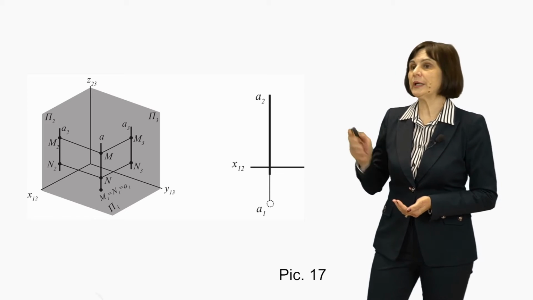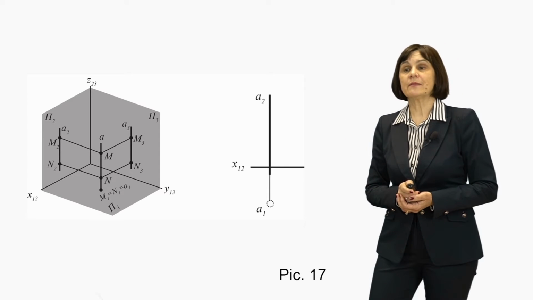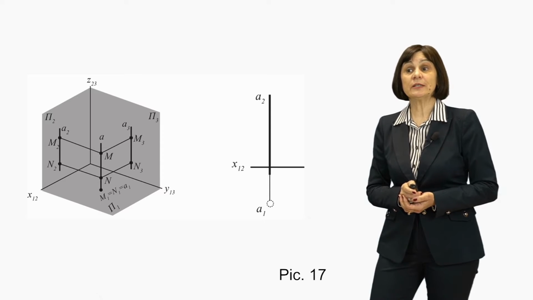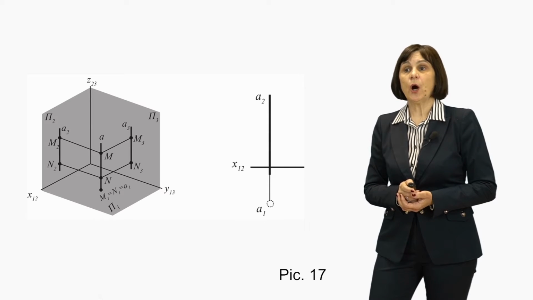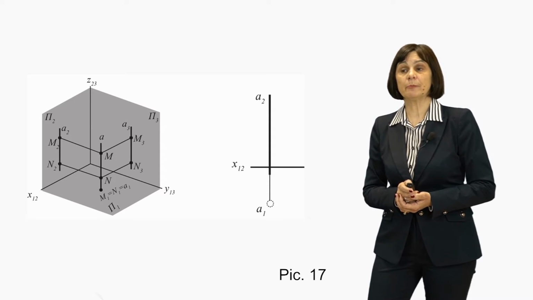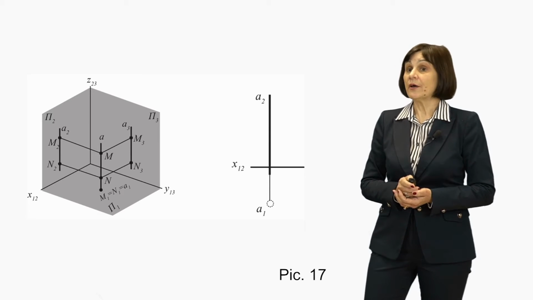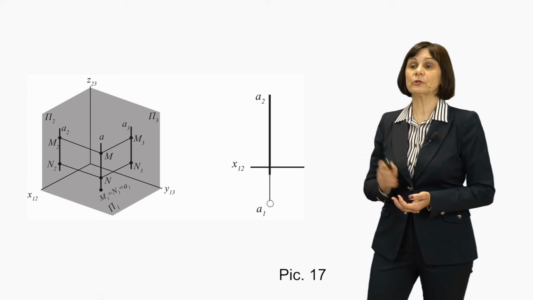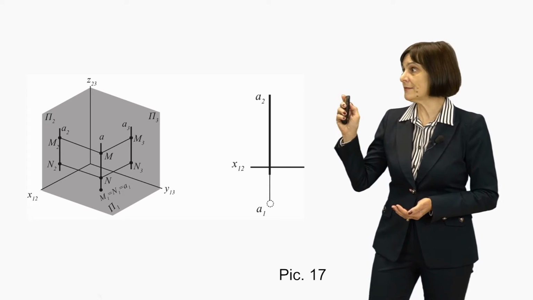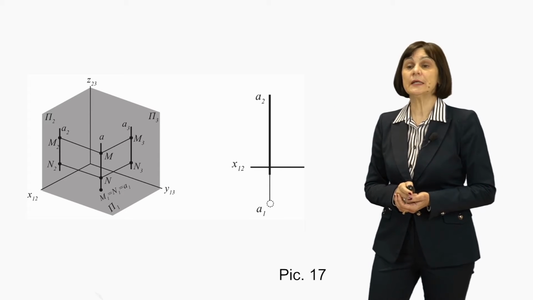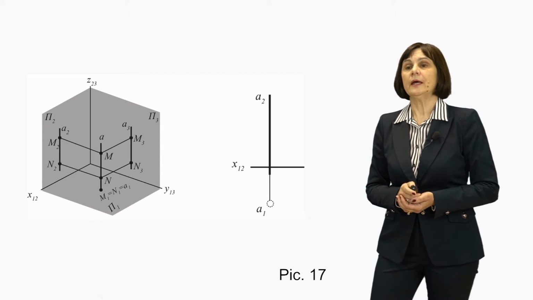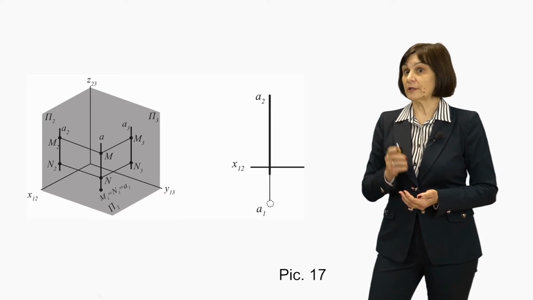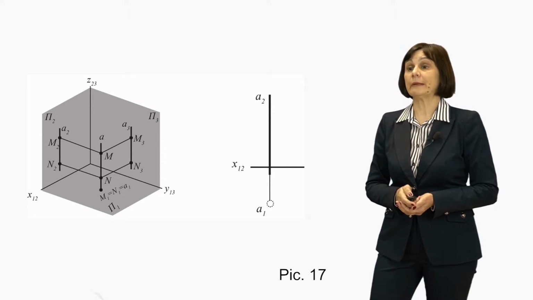On this drawing, you can see that this line is projected in a segment on the frontal and profile planes, and this line is projected in a point on the horizontal plane. You can see this point, it is denoted A1, and you can see a vertical line on our frontal plane.